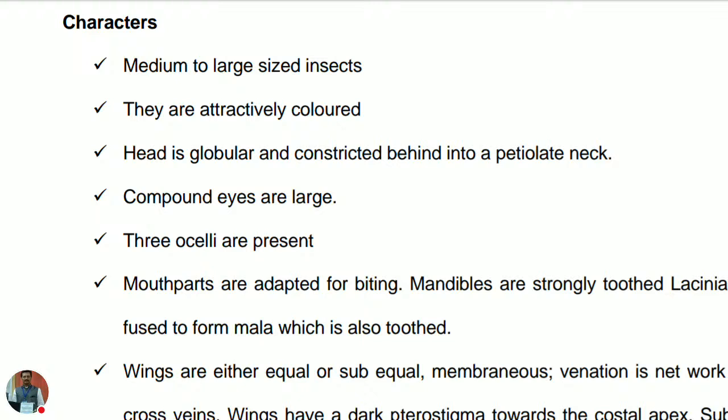The next is about the compound eyes, which are large, bearing many ommatidia. Then the three ocelli are present.